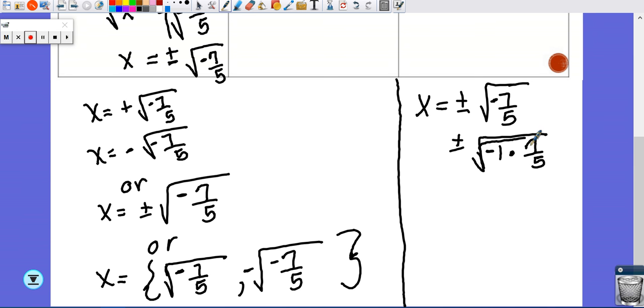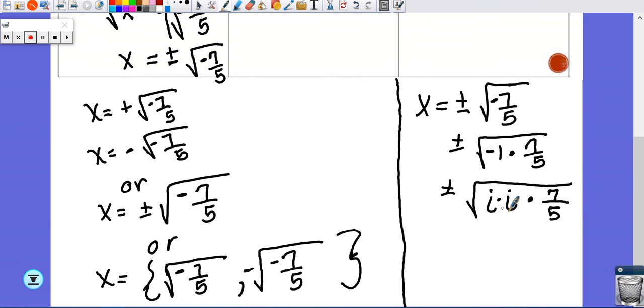Then I have to break down that negative 1. Plus or minus the square root of negative 1 is the same thing as i times i, because we know i squared is equal to negative 1. Then 7 does not have any composite factors; the only factors of 7 are 7 and 1, so I leave 7 alone. 5 is also not composite; its factors are 5 and 1, and both are prime, so I can't break that down any.